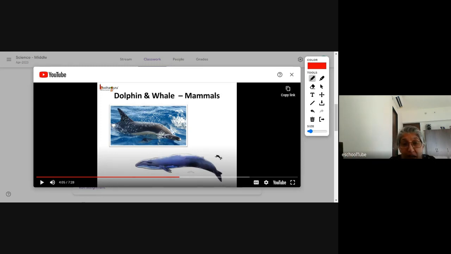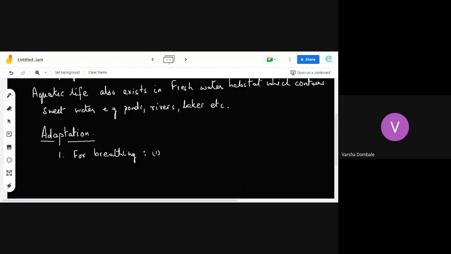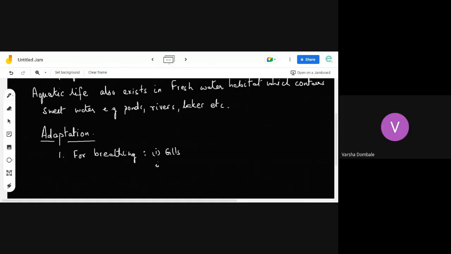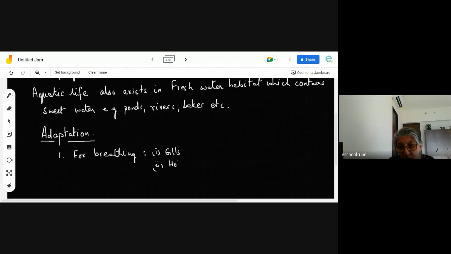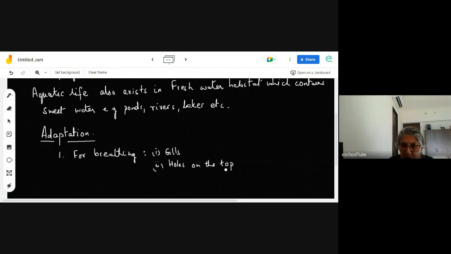So, what is the adaptation that they've done for breathing? First adaptation for breathing, two things. One, gills. Number two, holes on the top of the head.